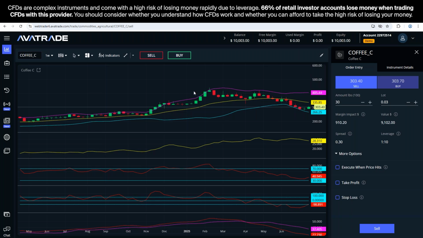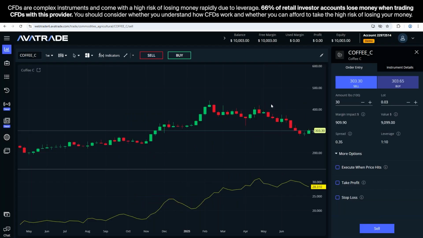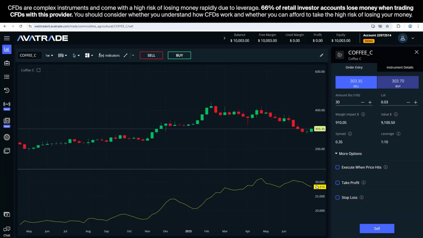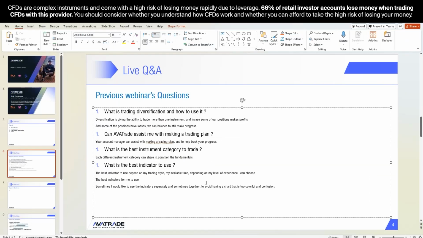We just want to know what we want to know, and when we know what we wanted to know, we can either jot it down and carry on, or we can use a different indicator. Okay, but the point here is to keep the chart clean and get the information that we want. This way we can get the number that we wanted, write it down like we did in here, and that's it. Okay, so that's what I wanted to say about the indicators.